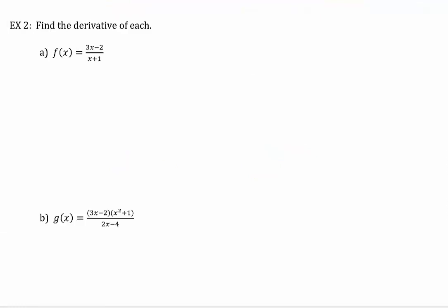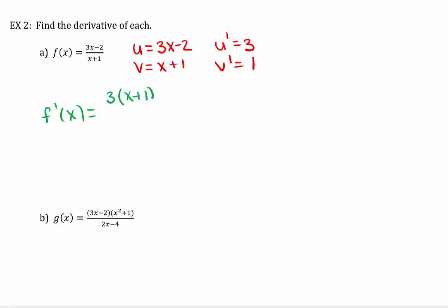So let's see how this works with some examples. In example 2a, my u would be 3x minus 2, and my v is x plus 1. So u prime is 3, and v prime is 1. Plugging that into my formula, I take u prime times v minus v prime times u, and then all over v squared.